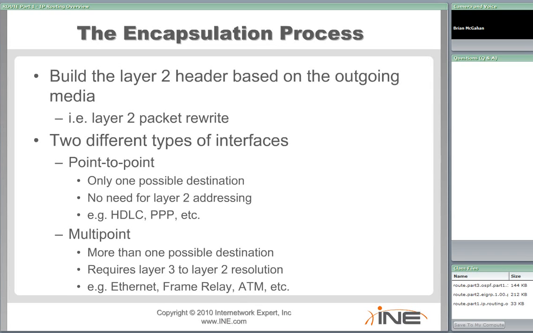and it will need to know what is the destination MAC address that is supposed to go inside of the frame. So this is where we will be referencing a layer 2 to layer 3 resolution table for Ethernet to figure out what is the MAC address that we're trying to go to. For frame relay, what is the data link connection identifier, or the DLCI, that we're trying to go to.